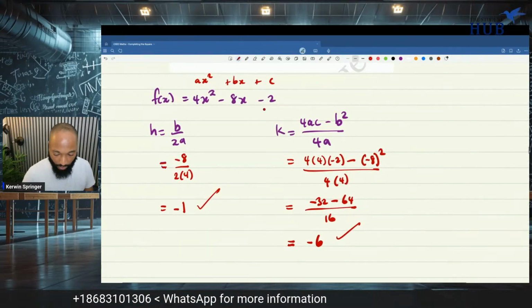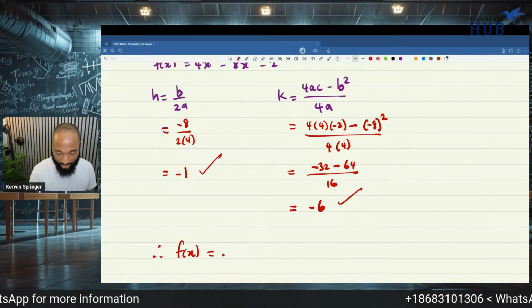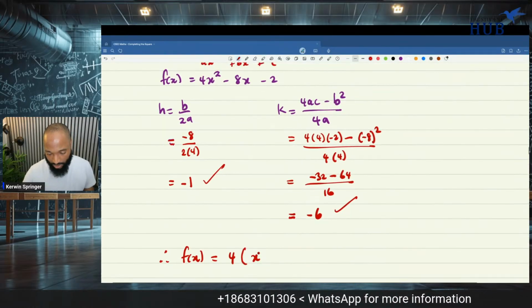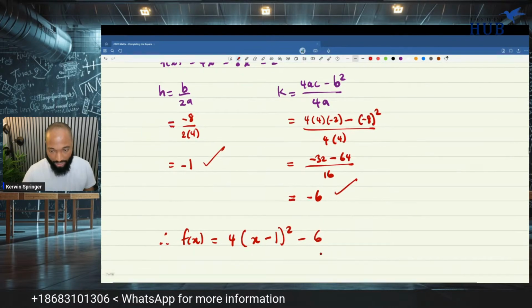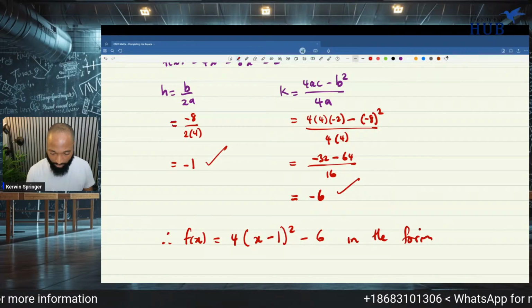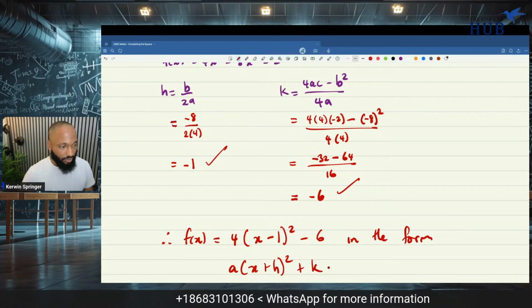So I can write, therefore, f of x, a is 4 by the way, is equal to 4 into x minus 1 to b squared minus 6. And this is in the form a into x plus h to b squared plus k.